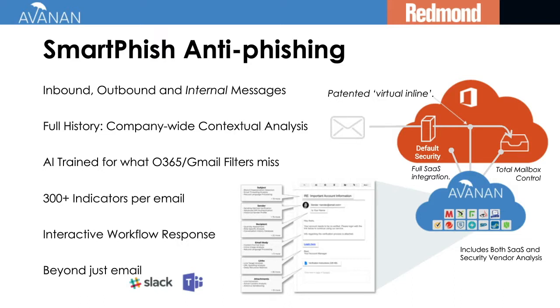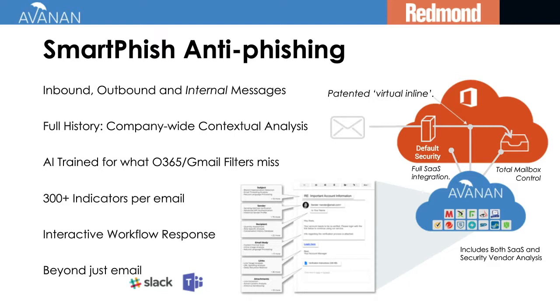And when it came to phishing, phishing is the big fear, it's the big problem that people come to us with, especially when it comes to the cloud. And while we have a number of anti-phishing vendors that do a fantastic job, there were still things that were getting through, which is why we actually developed our own layer of anti-phishing we call SmartPhish.